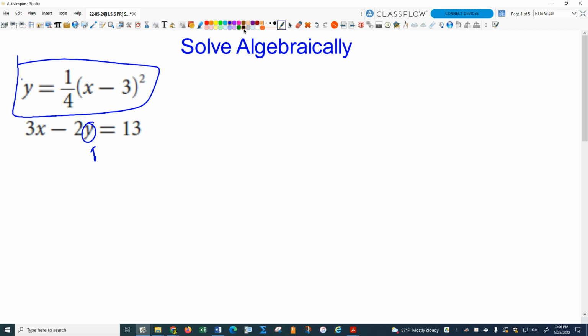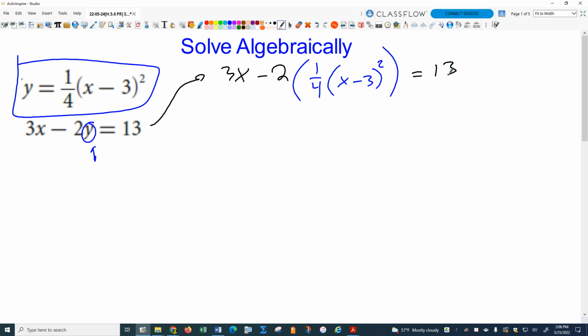So what's that give me if I do that? My bottom equation is going to become 3x minus 2 times y, but we're trading the y for 1/4 times the quantity x minus 3 squared, equals 13.